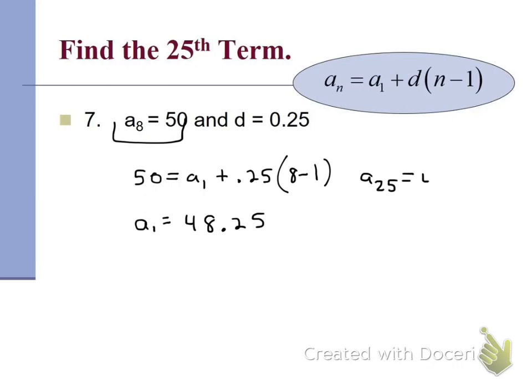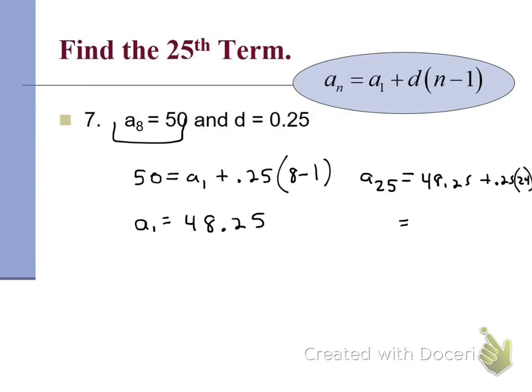And now that I know my first term, I can go find my 25th term by taking that first term of 48.25 plus 0.25 times, what is it? Times 24, 25 minus 1. Jack, you have it crunched? 42.25.